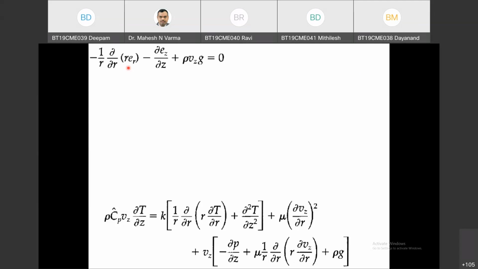The second is flux due to molecular transport. That is conductive flux, okay, or molecular transport. And the third one will be the work associated with the molecular motion, molecular transport.